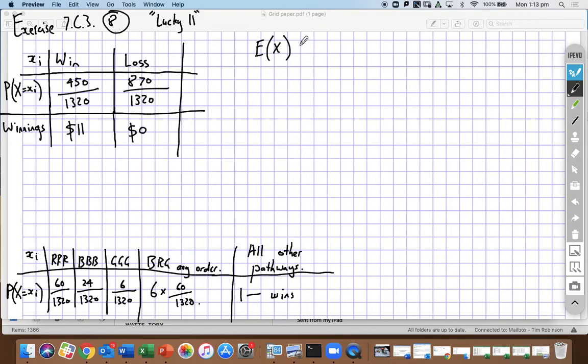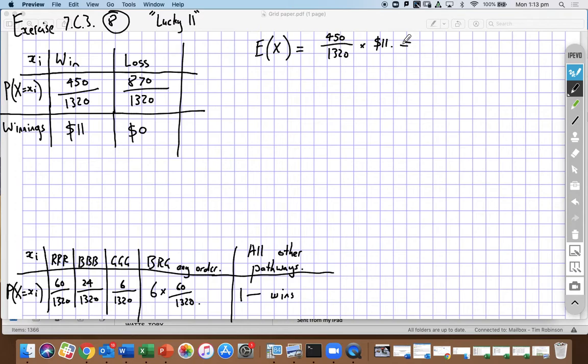So you'd have a probability of 450, right, times that win of $11. Right. Now I'm going to go for the calculator again here.